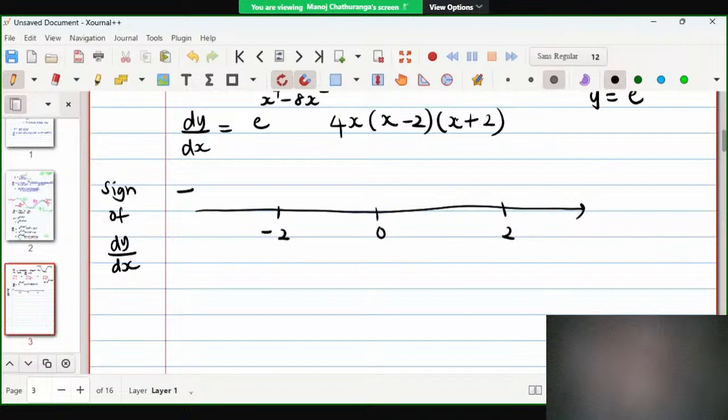Now let's take a point between negative 2 and 0. Let's call it negative 1. At negative 1, this is still positive, negative, negative, positive. So the product of plus, minus, minus, plus means plus.